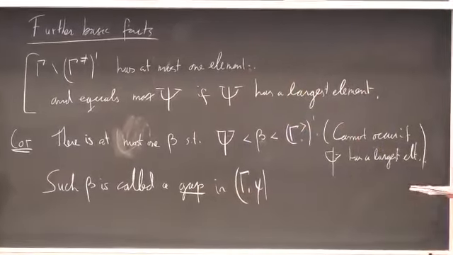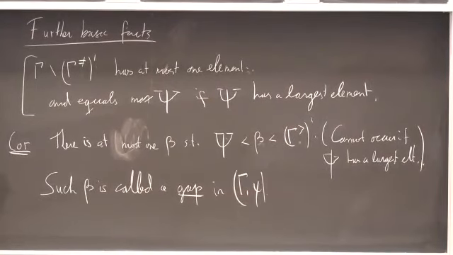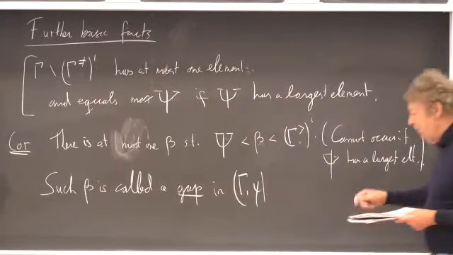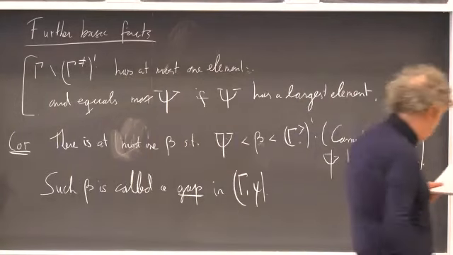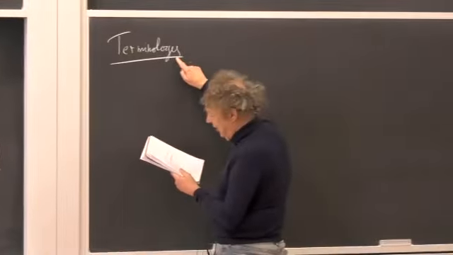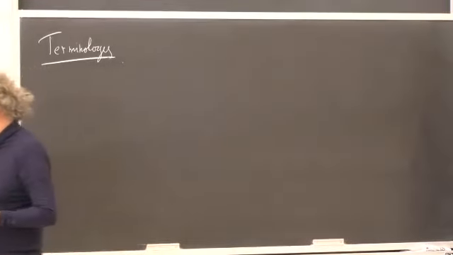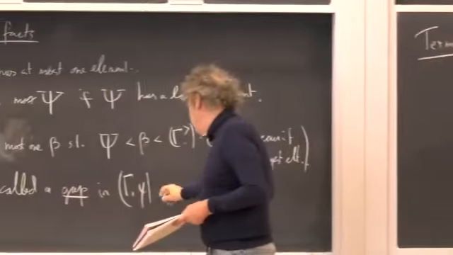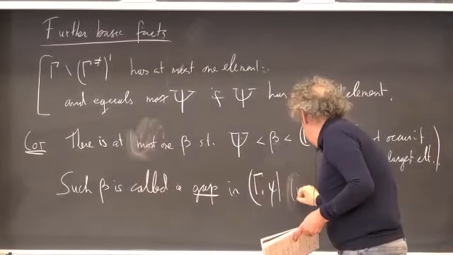And so there can be at most one gap. And these gaps are extremely significant, so to say, but it's not so easy to get them. Maybe I should also say, if it is a gap, then it remains a gap if you go to the divisible hull. It remains a gap.